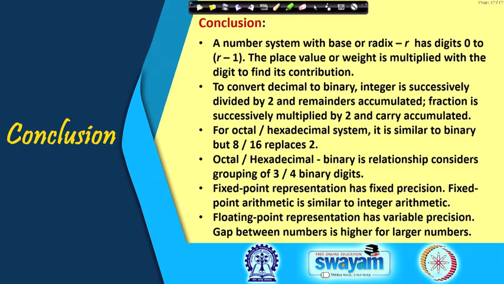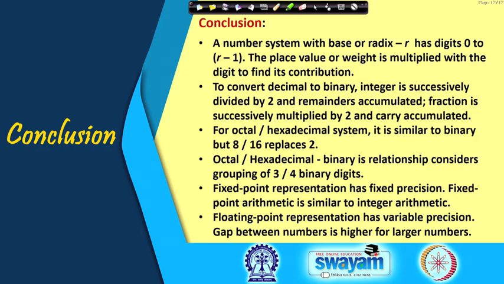And for octal and hexadecimal systems, the process is similar for the conversion, but instead of 2, we are using 8 or 16 for octal and hexadecimal respectively. And octal and hexadecimal to binary relationship, to and from, considers grouping of 3 or 4 binary digits.